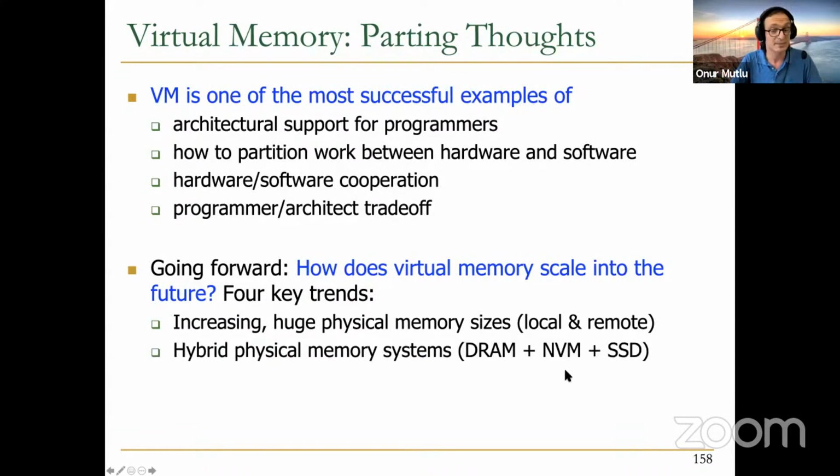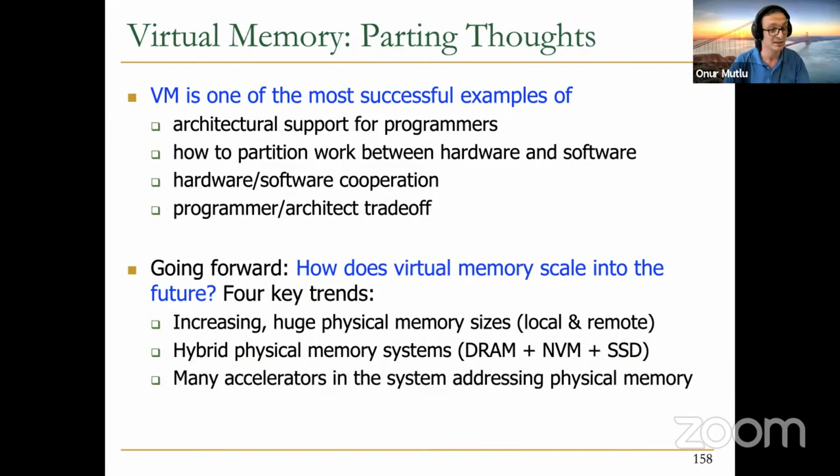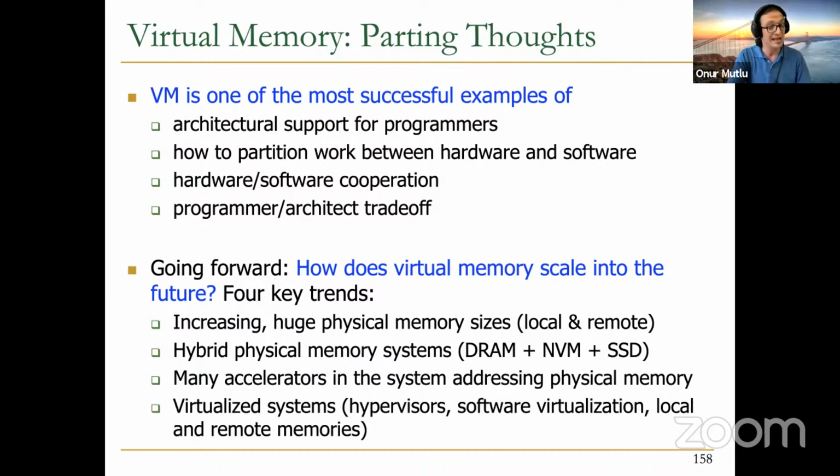We have hybrid physical memory systems, DRAM and NVM SSDs, and we want to increasingly manage everything using a single memory abstraction. There are many accelerators in the system addressing physical memory. They want to be part of the virtual memory. And there are virtualized systems, like I showed you earlier, hypervisors, software virtualization, local and remote memories. So how does it scale into the future? The management is actually quite complex overall, so it's not going to scale very well.